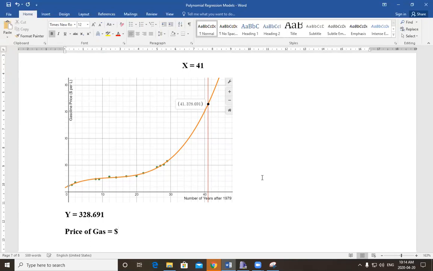So therefore, in context, the price of gas equals dollars, right? We need units. So this is cents, not dollars per liter. We have to divide that by 100, which is 3.28691.